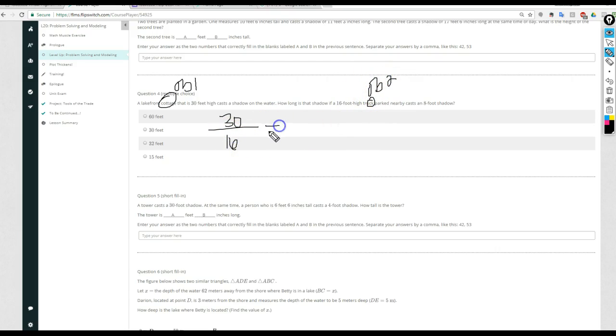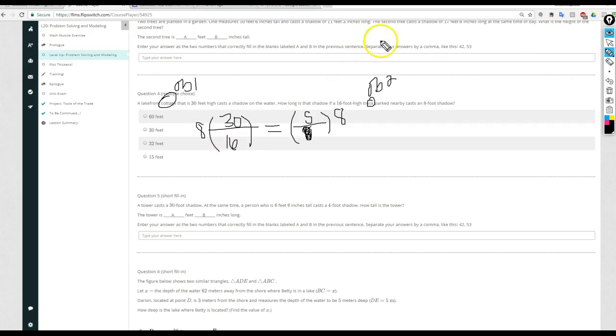That proportion is going to be equal to the length of the shadow of the cottage, which I don't know, so I'm going to use S, compared to the length of the shadow for my truck, which is 8. So again, since 30 divided by 16 is a number, I can leave it like that, and I have S divided by 8, so I'm going to multiply both sides by 8.